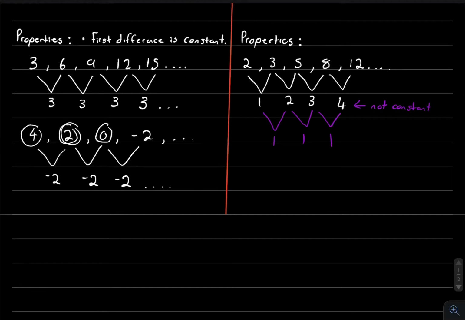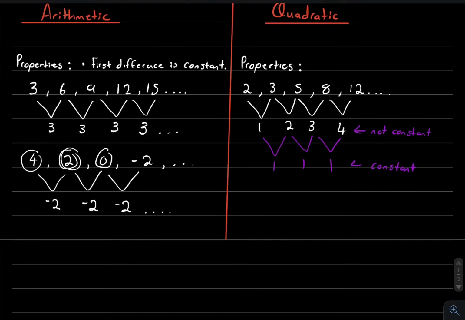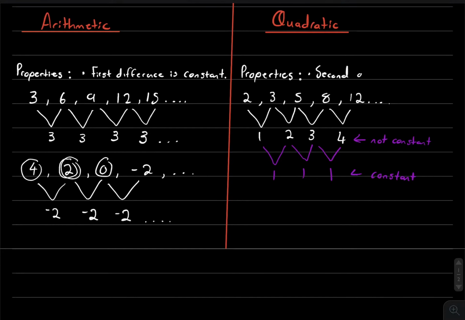But if we were to find the differences between that set of differences, we see that we get something that is constant. Therefore, we can conclude that the second difference of a quadratic sequence is constant. So let's just conclude: second difference is constant.